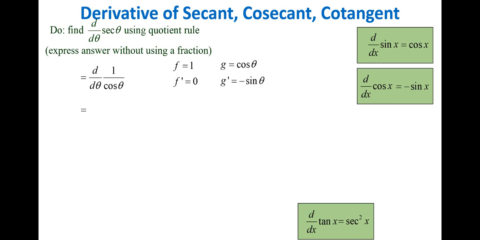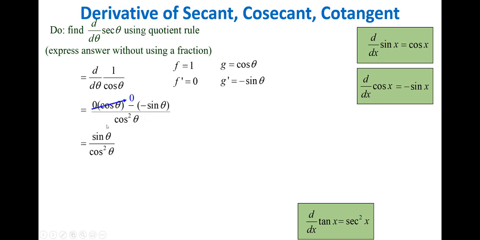Then the derivative of 1 over cosine of theta would be f prime g, 0 times cosine of theta, minus f g prime, and I won't bother to put the 1, negative sine of theta here, all over cosine squared theta. And then this whole term is going to zero out.